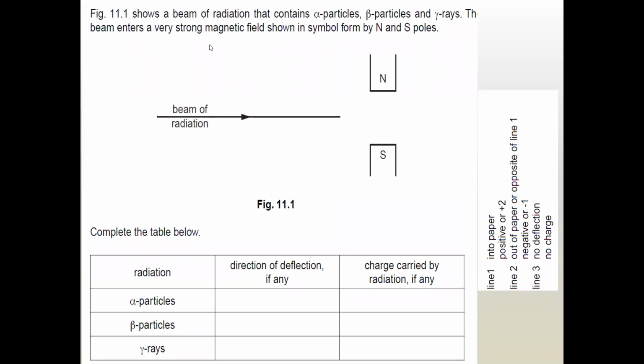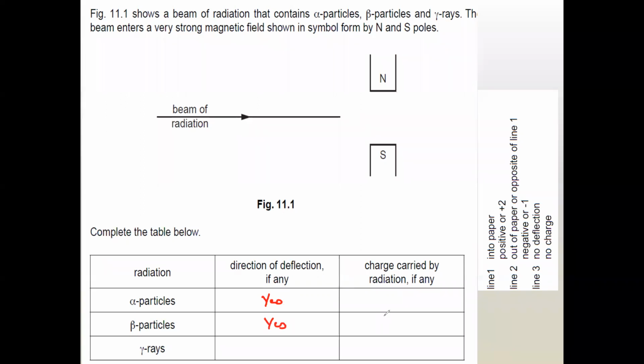In this question, the figure shows a beam of radiation that consists of alpha particles, beta particles, and gamma, and the beam enters a very strong magnetic field. Complete the table below. Deflection: is there any deflection for the alpha particle? Yes. For beta, is there any deflection?